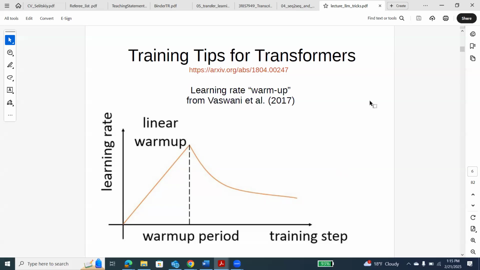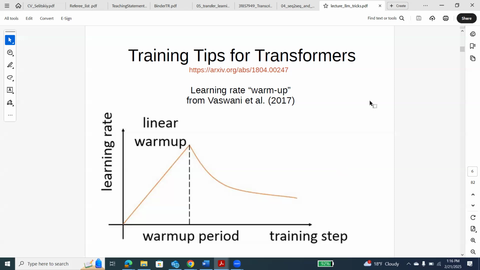And one of the tricks that was used to train these large models was to apply a so-called warm-up schedule for the learning rate. As maybe you know, in Torch there is a scheduler function. The scheduler will change the learning rate with the increasing number of steps of your training.